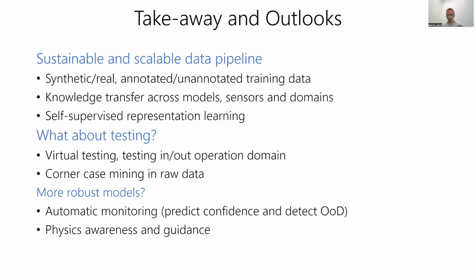We need to be able to predict that there is a good chance of a failure, and we need to have a good enough understanding of the world, which also leverages physics and knowledge of the world. This is clearly a very important route towards safer systems. And with that, I'm going to stop, and I'm already a bit late.